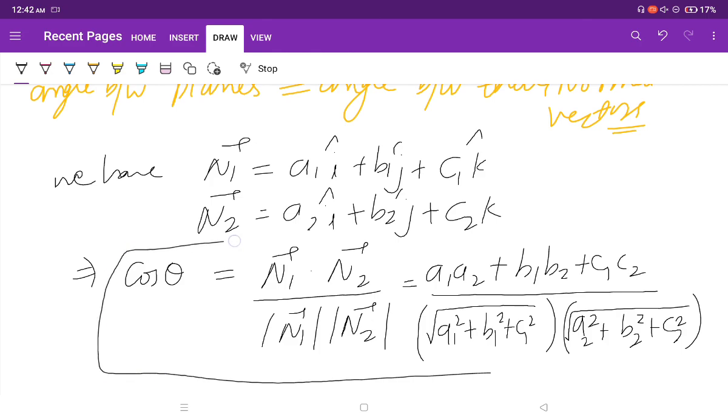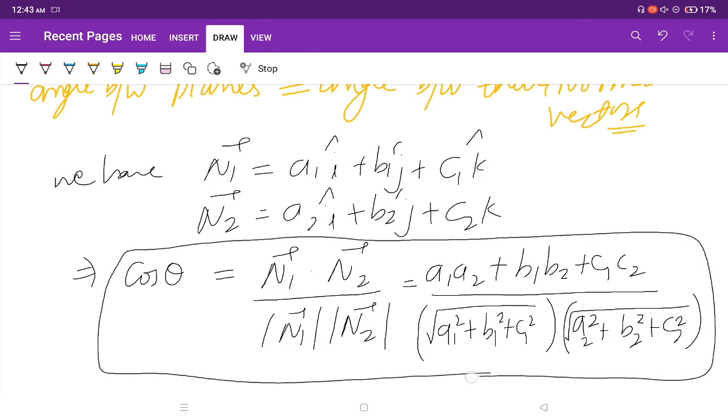So this is the angle between the two planes, right? Thanks.